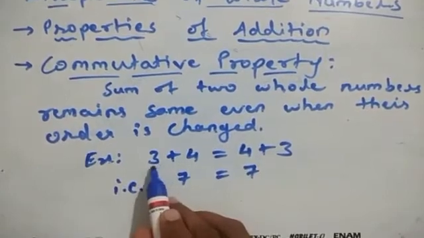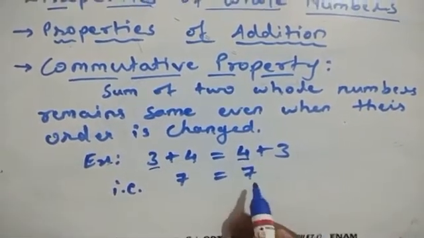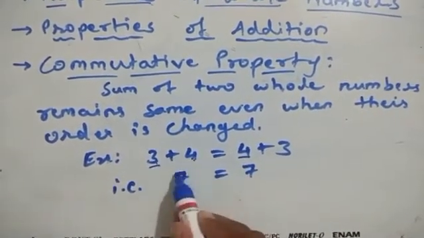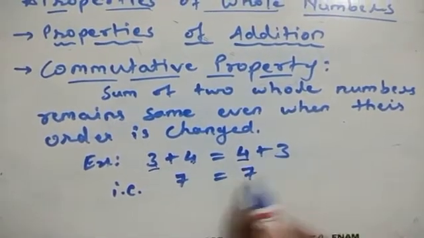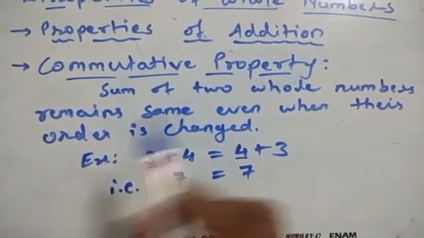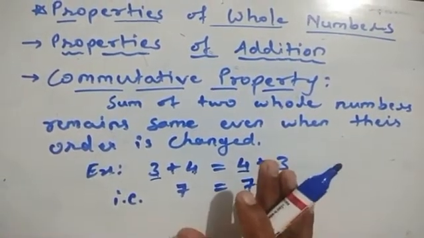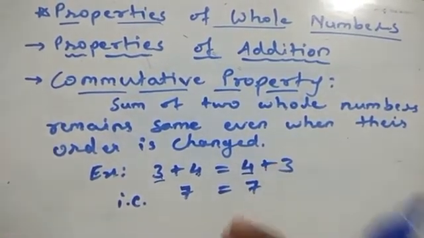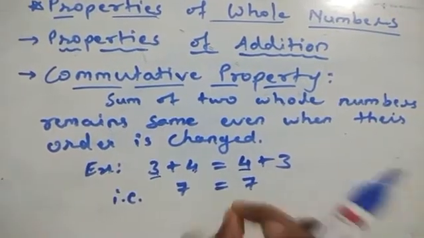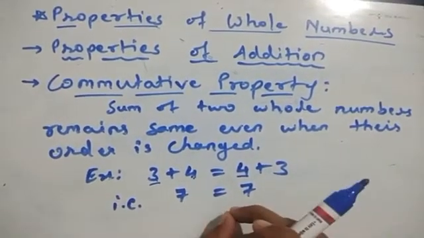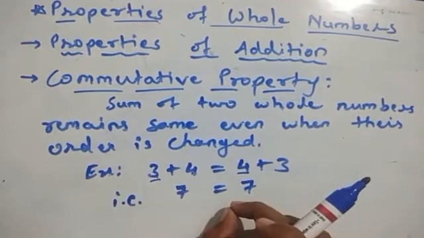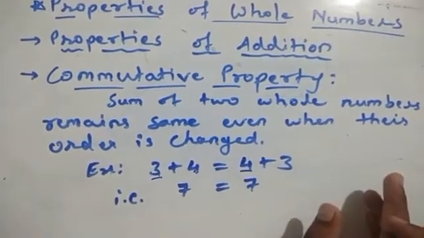Here I wrote 3 first, here I wrote 4 first. See here, 3 plus 4 is what? 7 only. And 4 plus 3 is what? 7 only. It means even after changing their order, their sum will never change. Understood? So what can we say? Addition of whole numbers is commutative, as even after changing their order, their sum will never change.